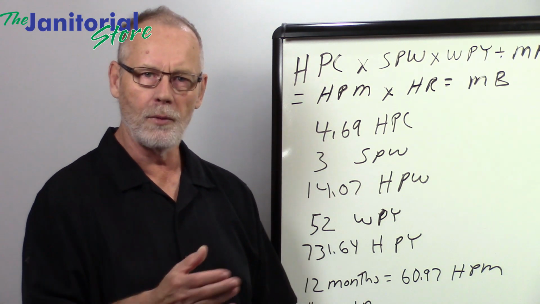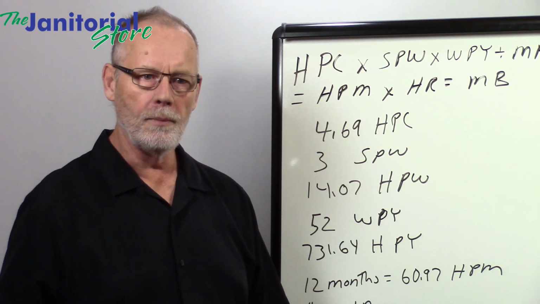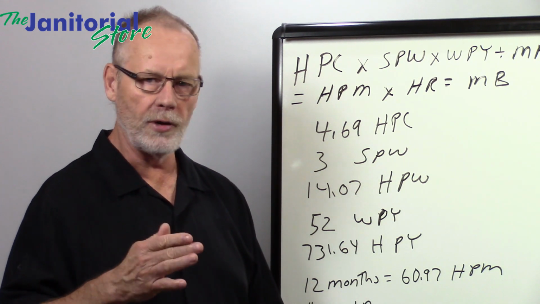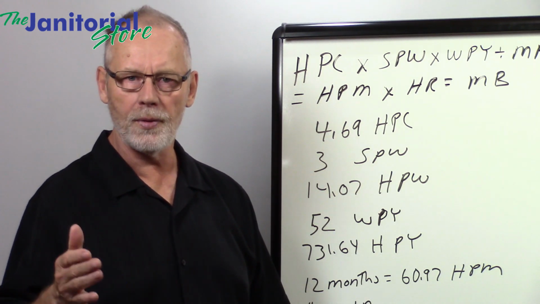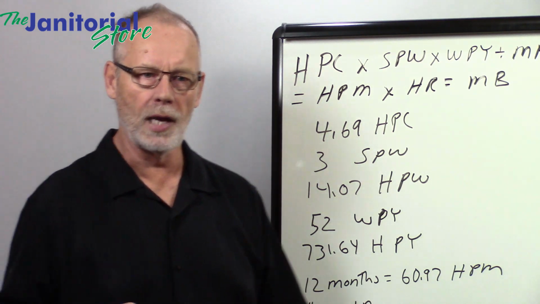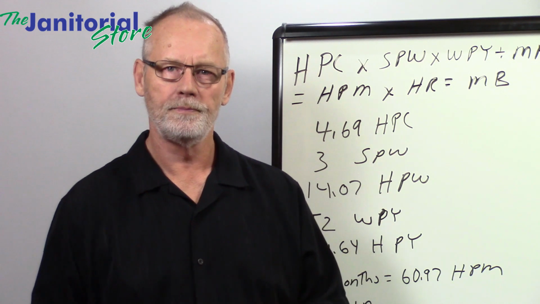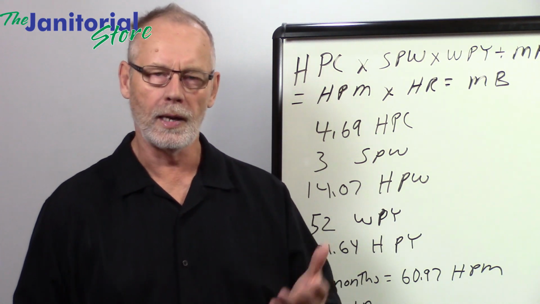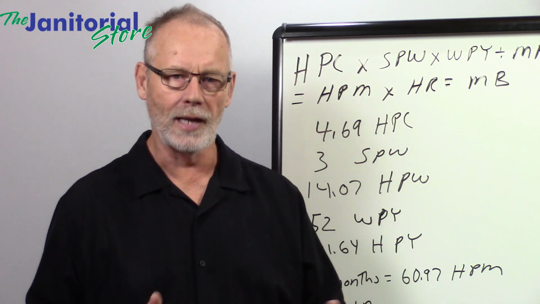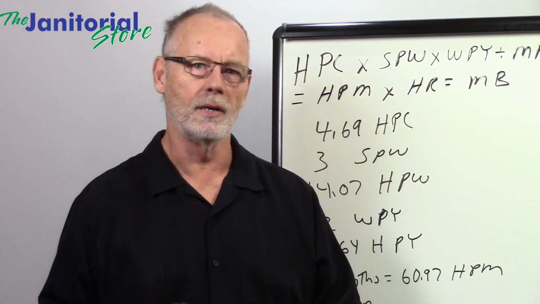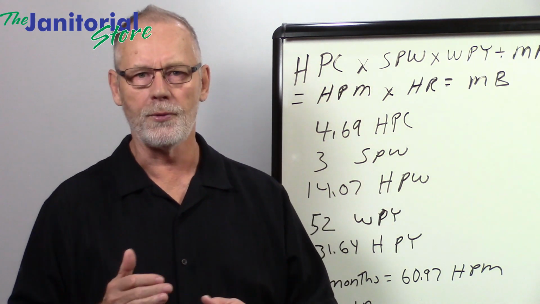The thing is that with this formula, you're covering all the days of the month. Some people will take their services per week and multiply it by 4, thinking that's going to cover the entire month. No, it doesn't. That has to be 4.33.